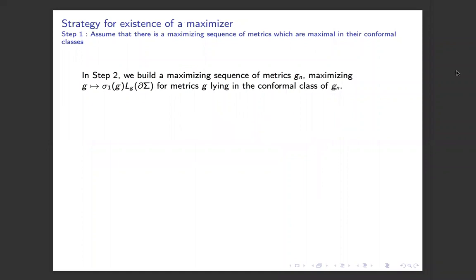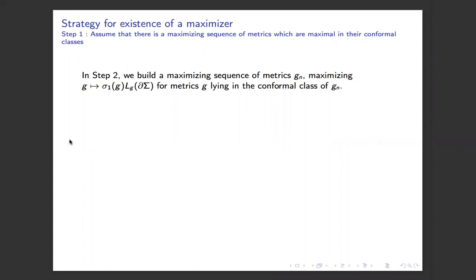So the strategy is in 2 steps. The first step is by assuming that there is a maximizing sequence of metrics which are maximal in their conformal classes.